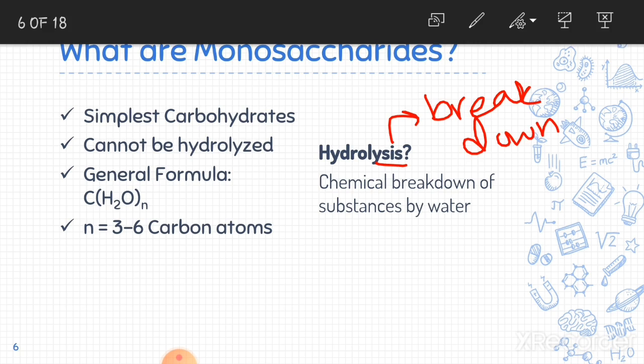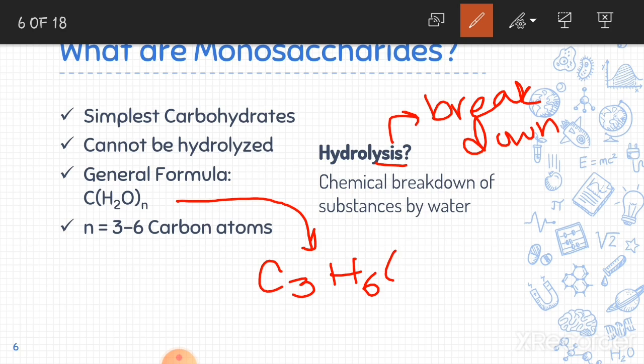For example, if we want to write the chemical formula of a monosaccharide having carbon number 3, then we may take the help of this general formula. Just put the value for N, C3H6O3. So with the help of the general formula, I have derived a chemical formula for a monosaccharide having 3 carbon atoms.